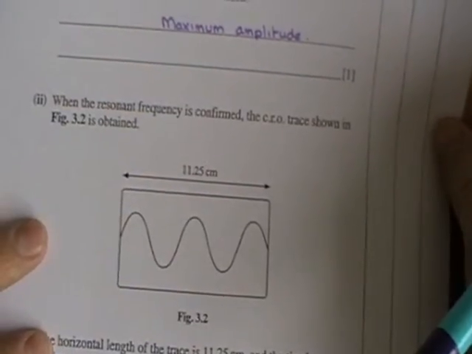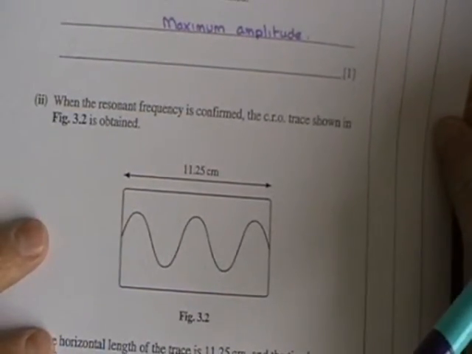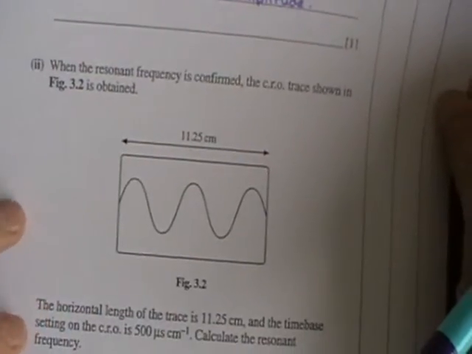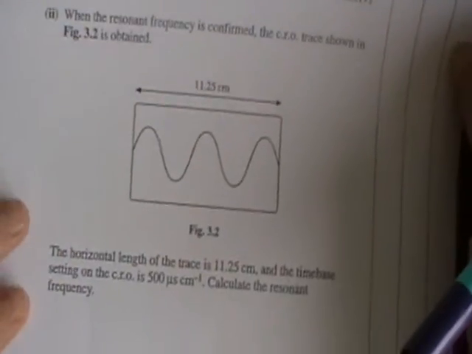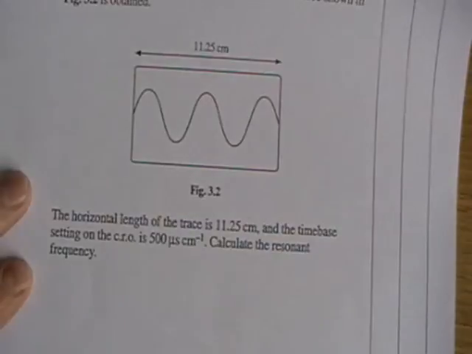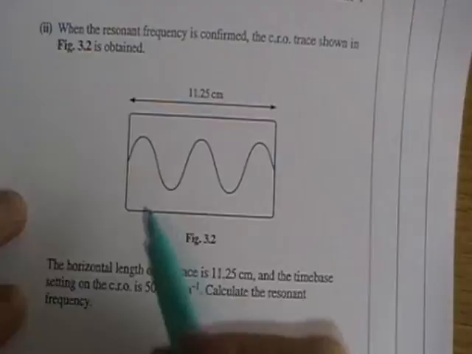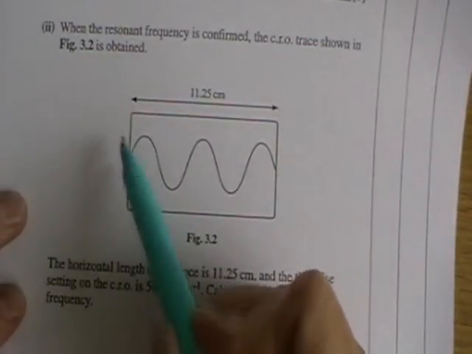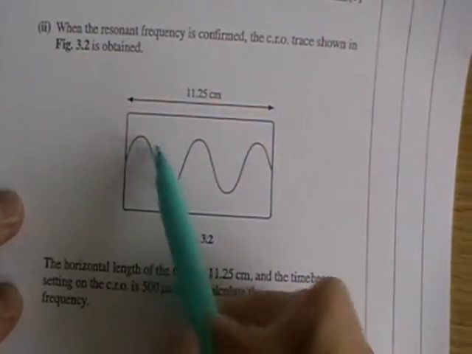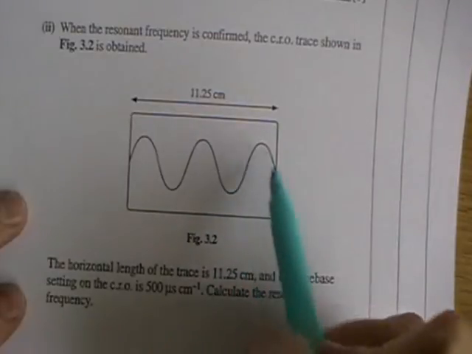When the resonant frequency is confirmed, the cathode ray oscilloscope trace is shown in figure 3.3. The horizontal length of the trace is 11.25 centimetres, and the time base setting on the cathode ray oscilloscope is 500 microseconds for every centimetre. Calculate the resonant frequency. Now if you have a wee look at that and count how many wavelengths you have in that 11.25 centimetres, you've got 1, 2 and a half.